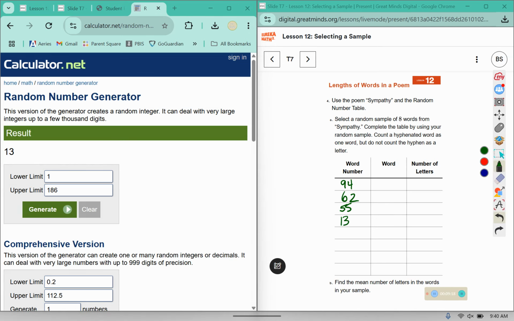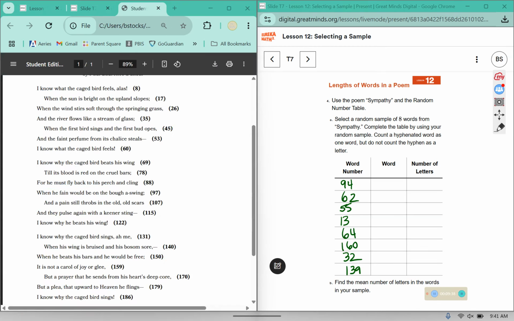13, 64, 160, 32, and 139. So word 94. Let's see, this would be 88, 89, 90, 91, 92, 93, 94 is the word "on."